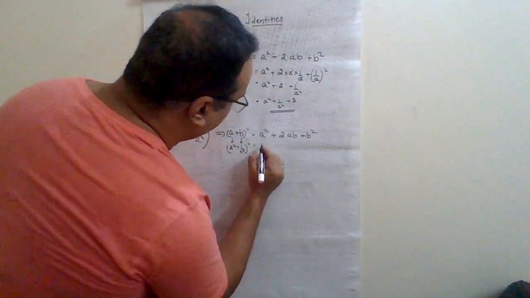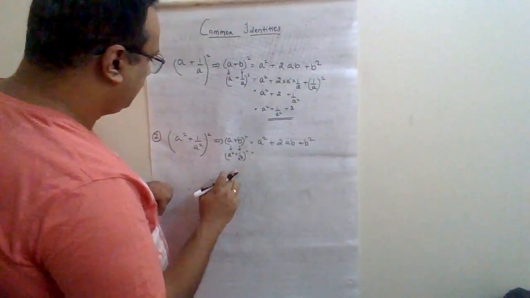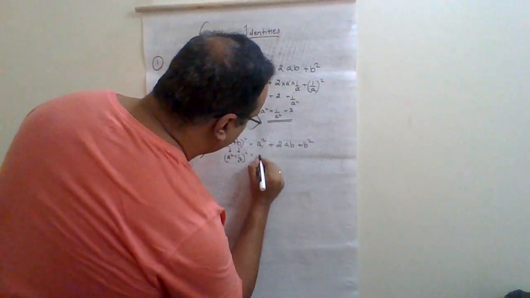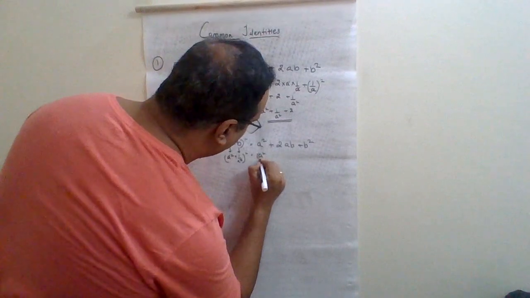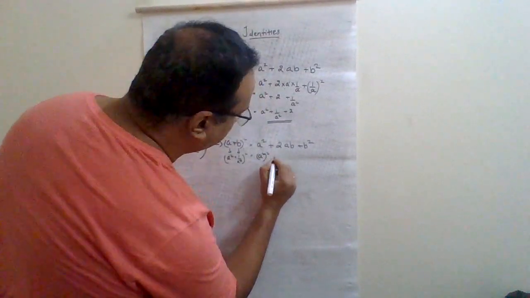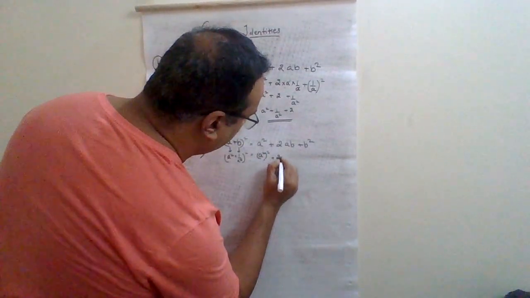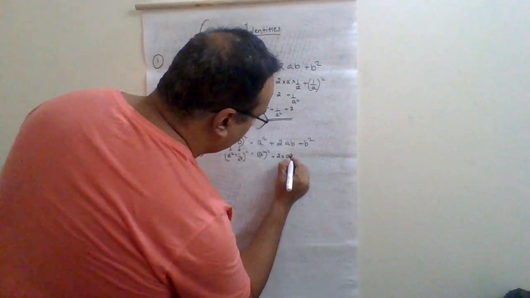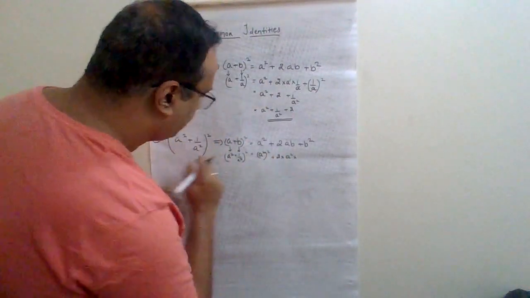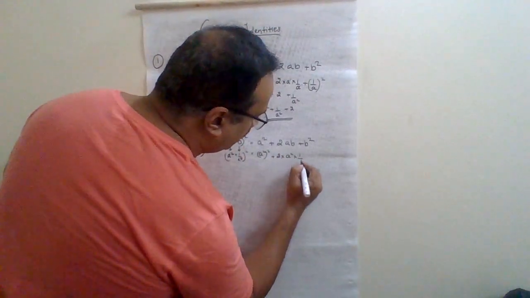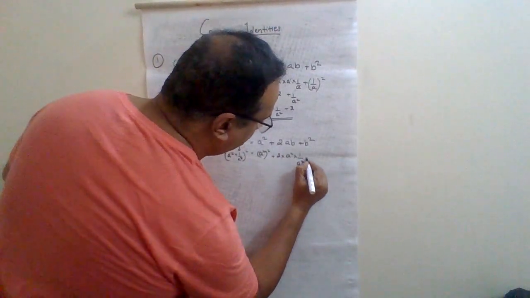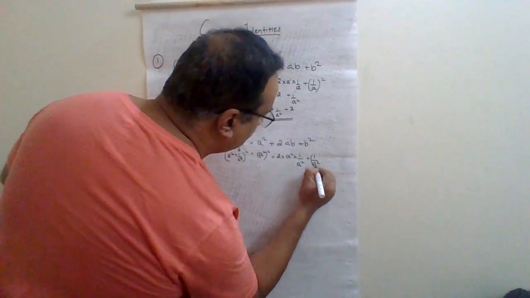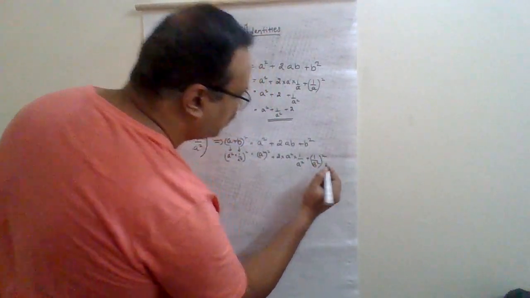So this is equal to, what is a? A is a squared. So this is a squared whole squared plus 2 times, what is a? A squared. What is b? b is 1 by a squared, plus 1 by a squared the whole squared.